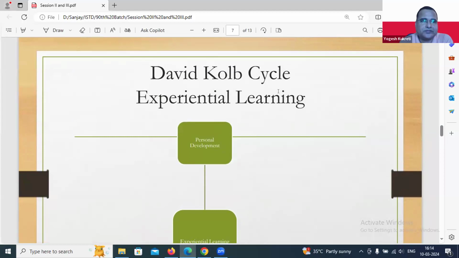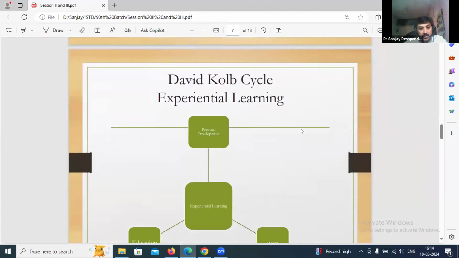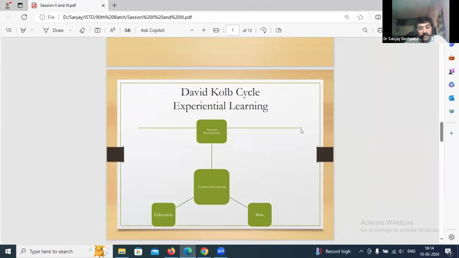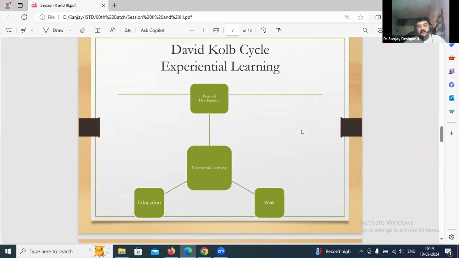Okay, one very popular researcher by the name David Kolb has given this model, or these important parameters associated with learning. Now please look at the title of this slide, which says experiential learning.